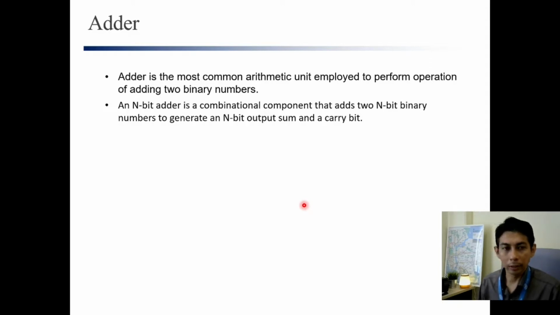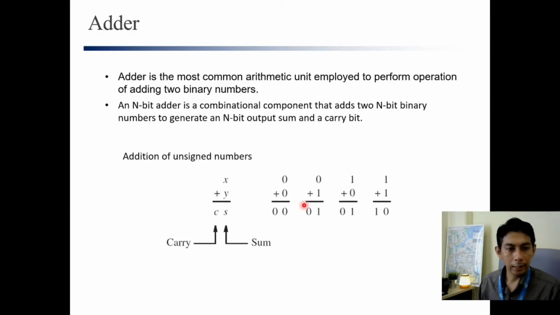In this course we will learn how the concept is implemented in hardware, and how to design that hardware using Verilog. So this is the idea of how we add numbers in hardware.